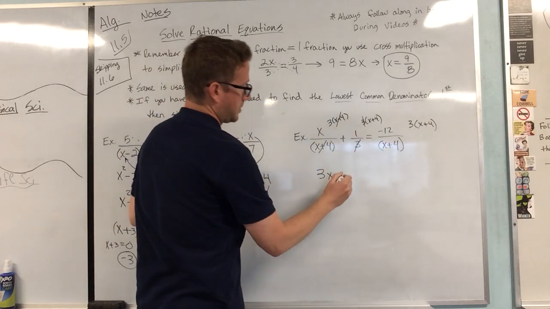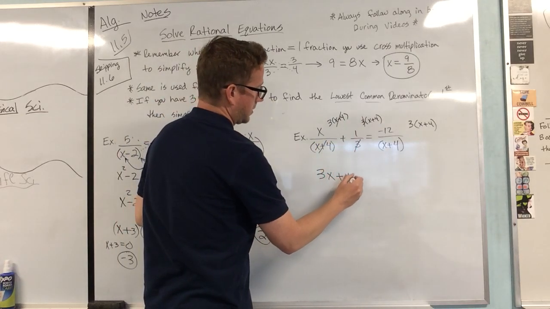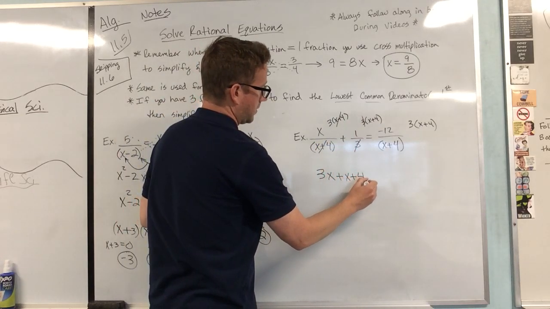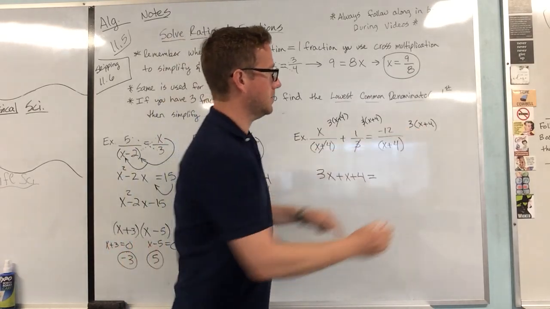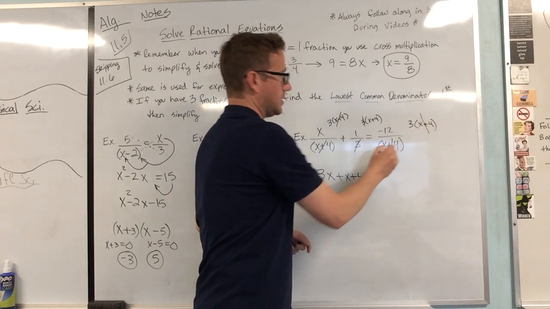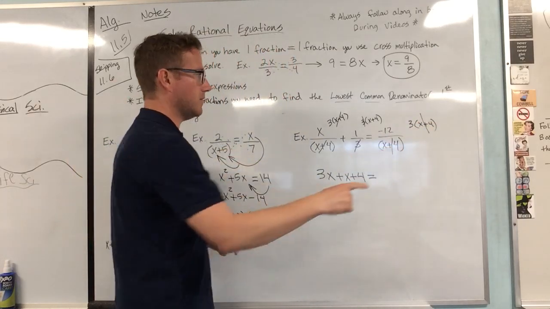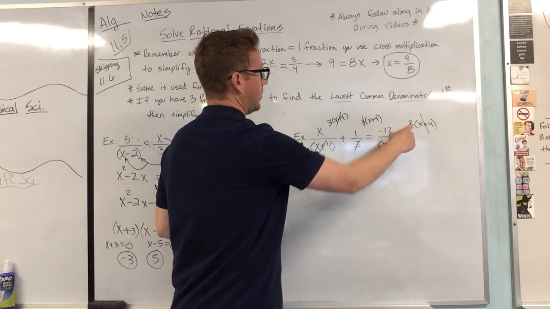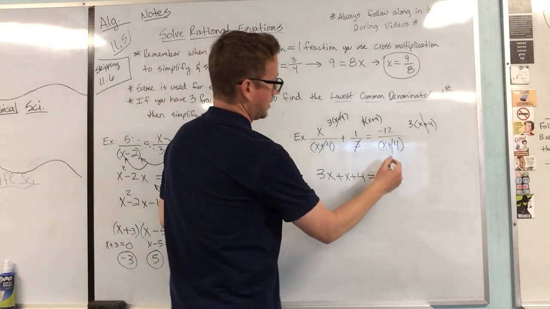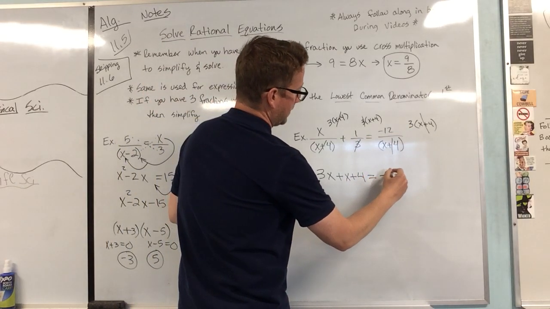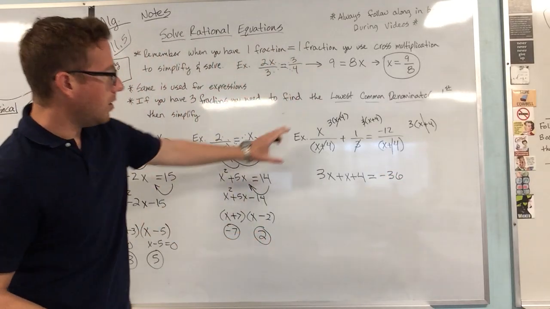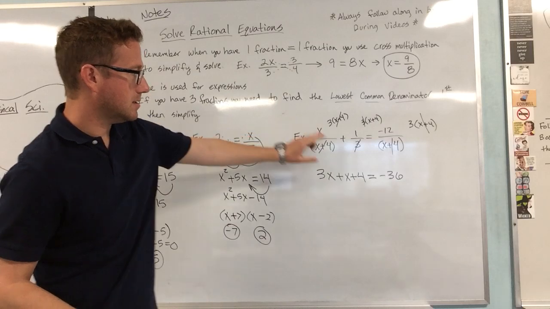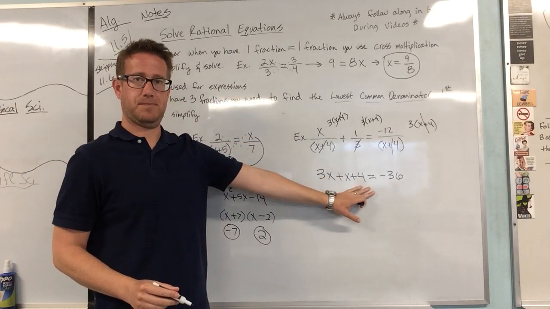So x plus 4 times 1 is just x plus 4. All right, last one over here. x plus 4, x plus 4. They will cross each other out. What's left over? Negative 12 and positive 3. What's that going to equal? A negative 36.